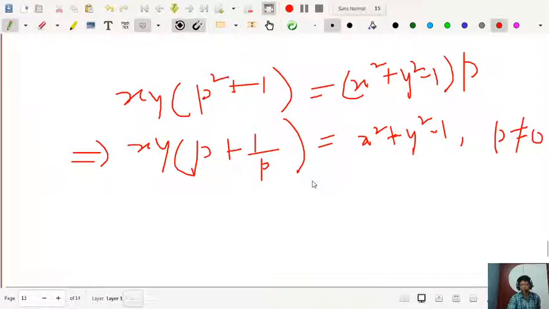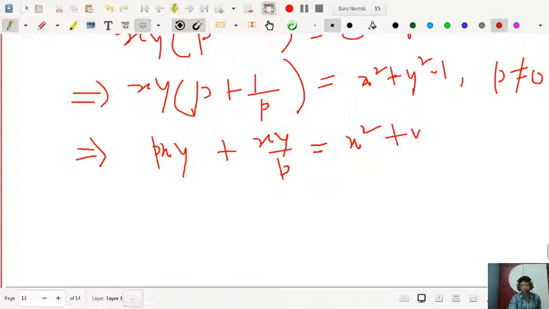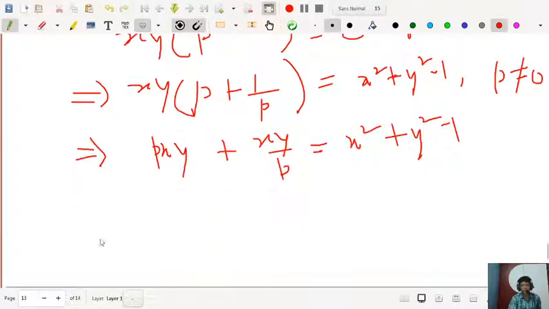So once again, if you expand, let me show you, open the bracket, it will be xy by p. Let me write once again the previous trick. We have to write yp by x.